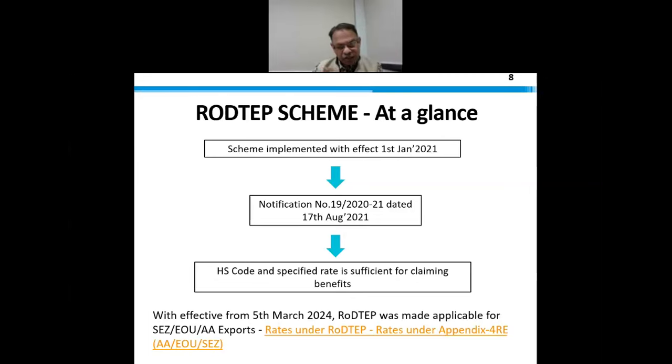So why can an advance authorization holder or EOU not avail those benefits? That was a question being discussed for a pretty long period of time. Finally, when it was announced, there was a different rate compared to the rate available. Even today also, the rates are different if you are availing. But from 5th March 2024, these people also came into coverage of RoDTEP.